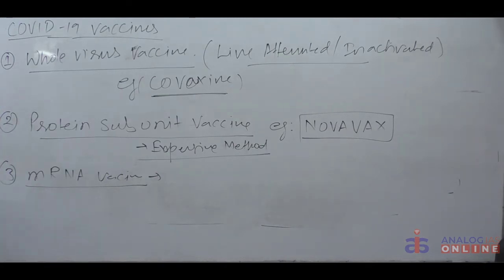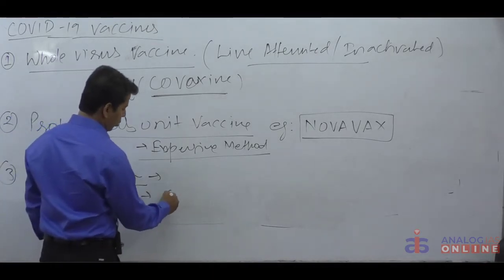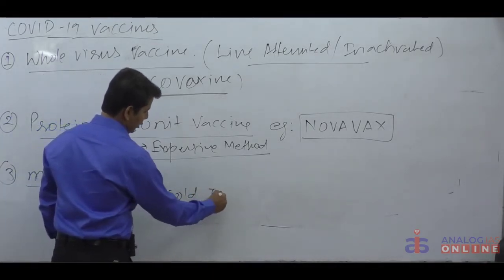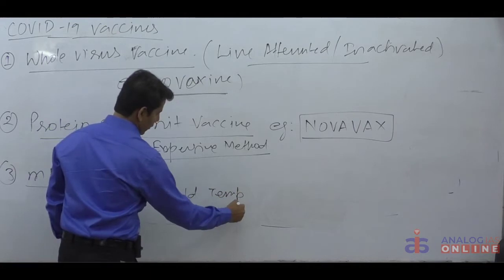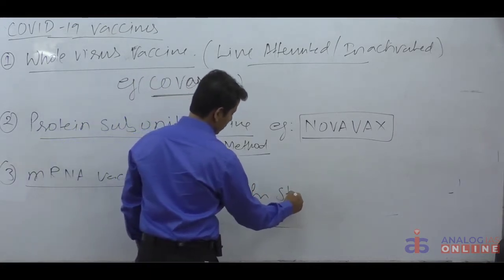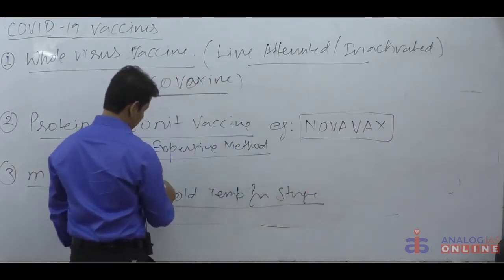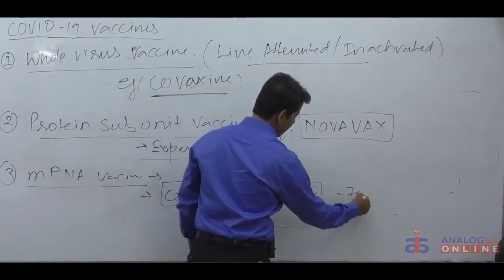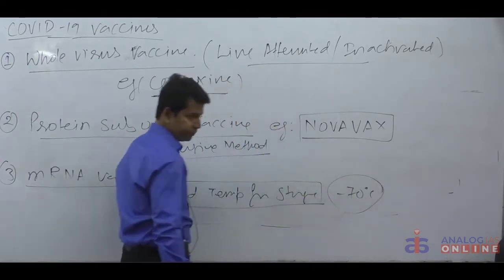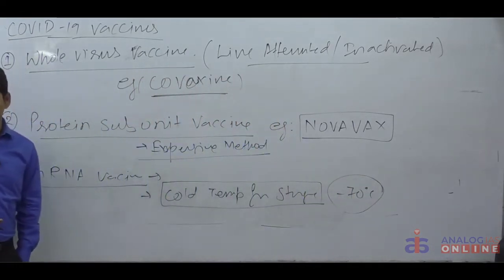And Pfizer and Moderna, two companies which basically got a lot of popularity, have developed the messenger RNA vaccine. But then the problem with the messenger RNA vaccine is that it requires cold temperature for storage. And how much? Up to -70 degrees. So that's the problem.